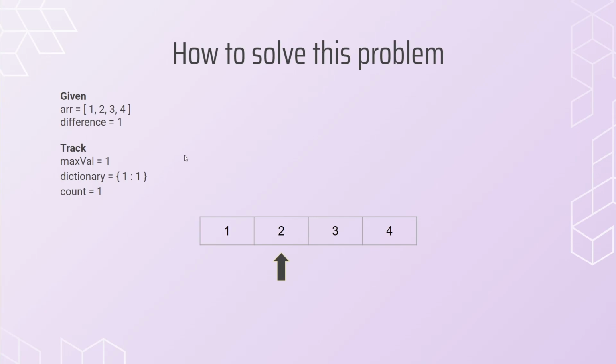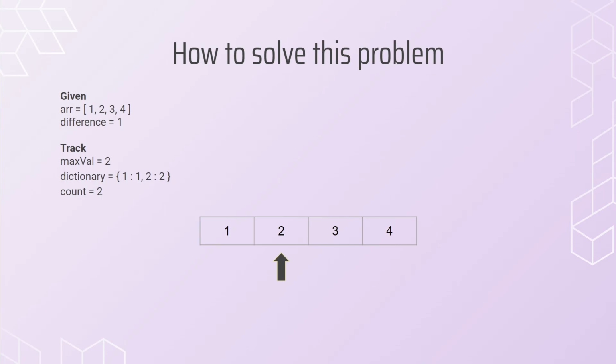So we do count plus the key 1 value, which is 1. So 1 plus 1, and count becomes 2. We first put the value inside of the dictionary, and then we notice that 2 is greater than the current max value, so we update the max value.